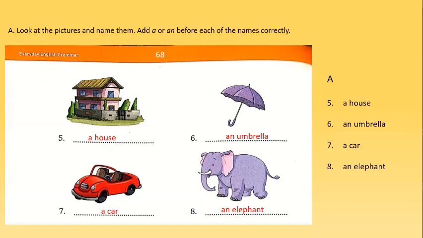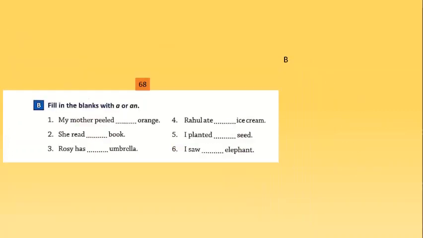Now, on the same page, let's move on to exercise B. Fill in the blanks with a or an. Here there are some sentences given and we have to put the correct article in the blanks. What will we do?